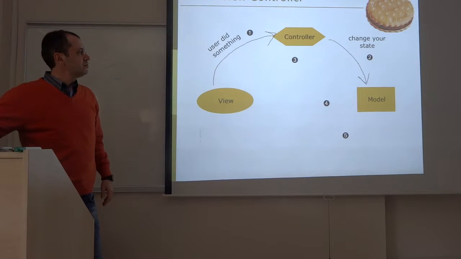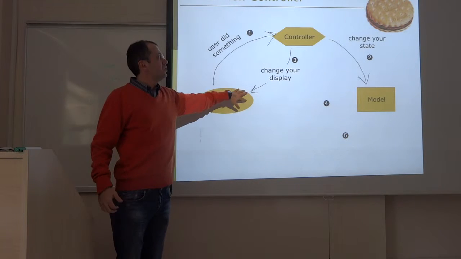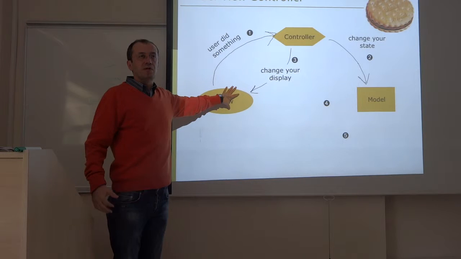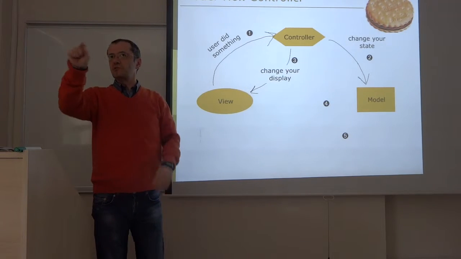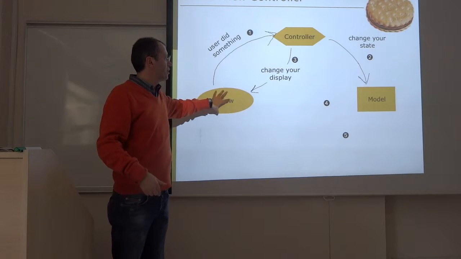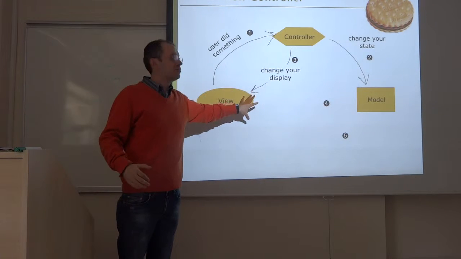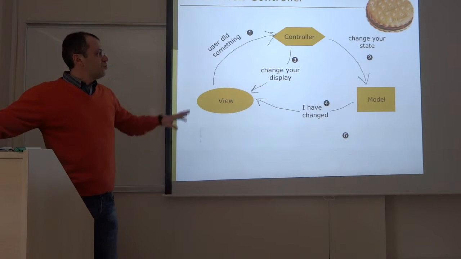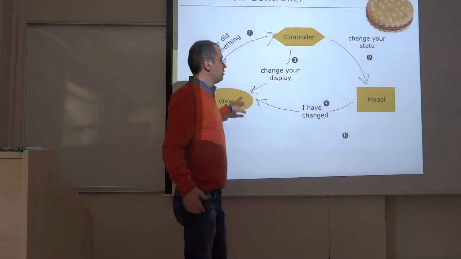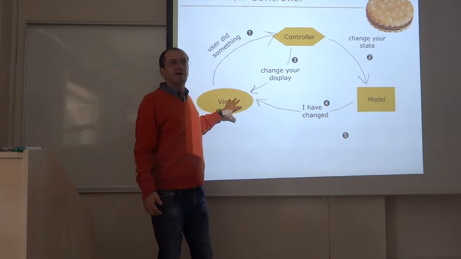When that happens, at the same time, controller says, change your display as well, because something happened, something is clicked. I report back to the view and I say, change your display. And also, the model says to the view, I have changed.